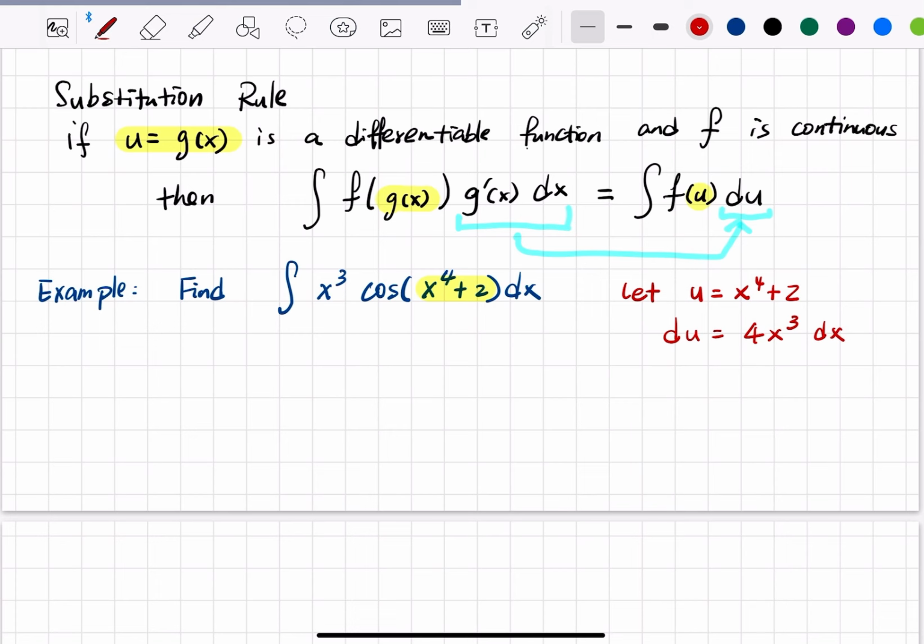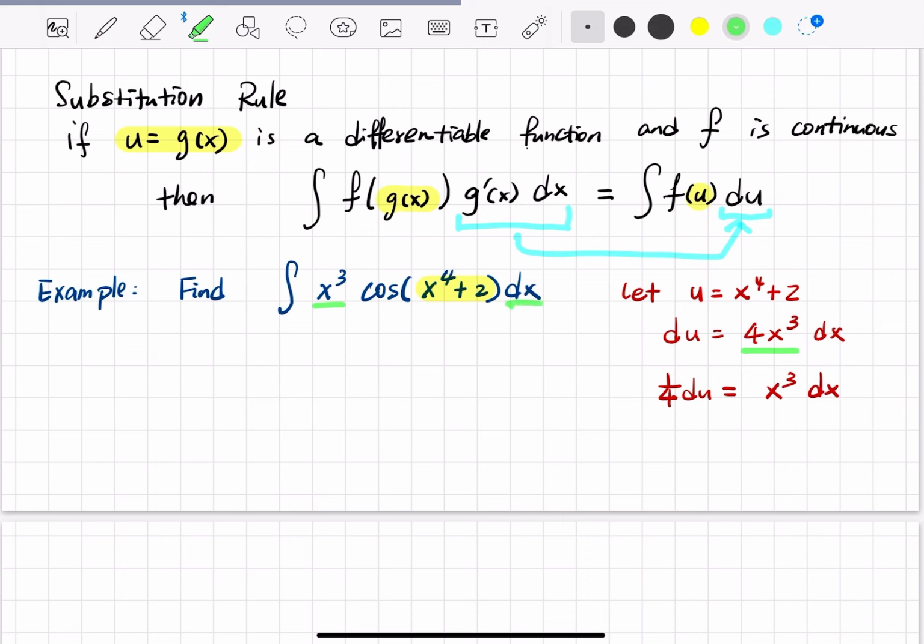You can see that it is not exactly the same as we have for the original problem. We have x cubed. So we can do a simple algebraic step by dividing everything by 4. So we got 1/4 du is equal to x cubed dx.